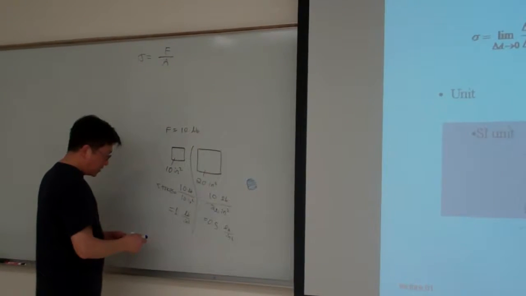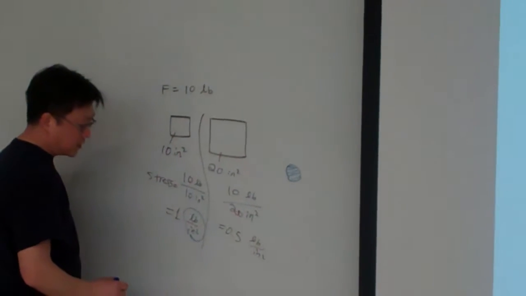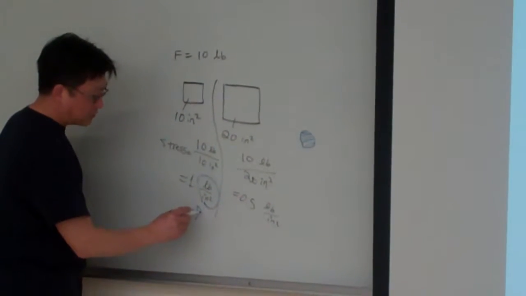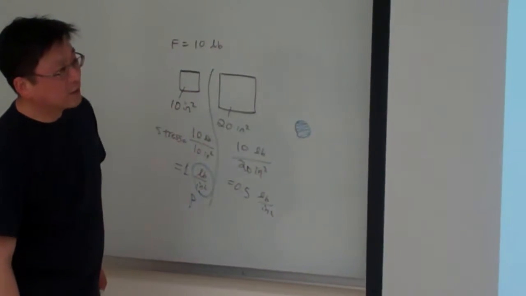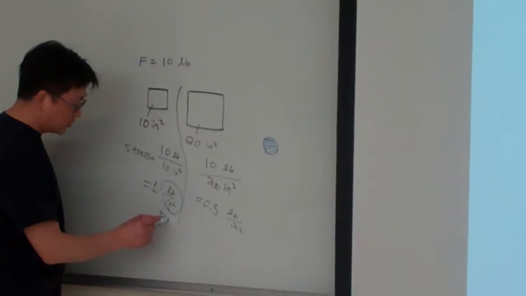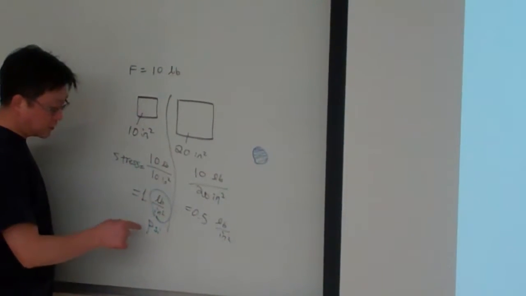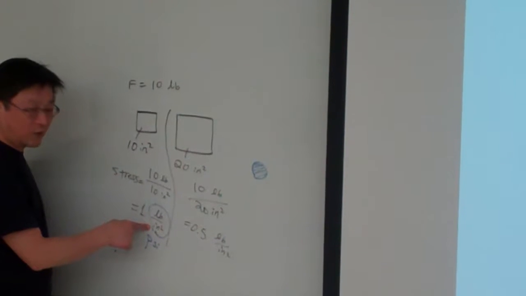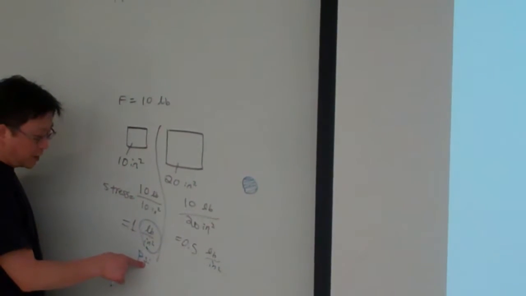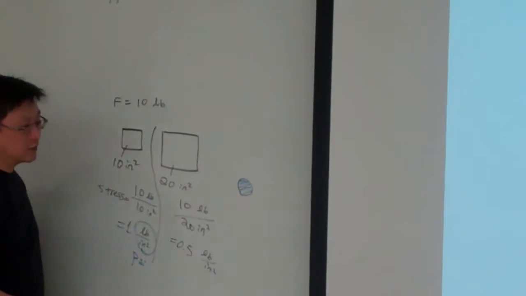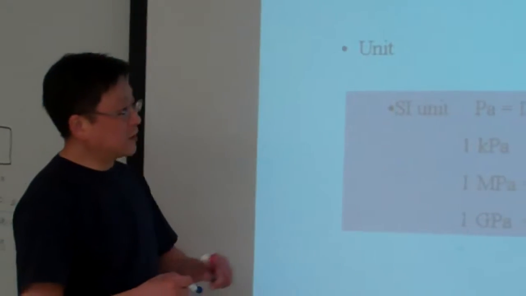Basically here in our definition, this is the PSI, pounds per square inch. So that is the definition for this one. Again, pounds per square inch, and that is the unit here.